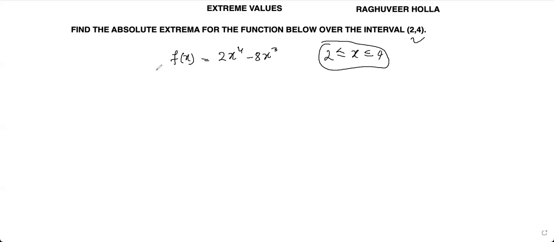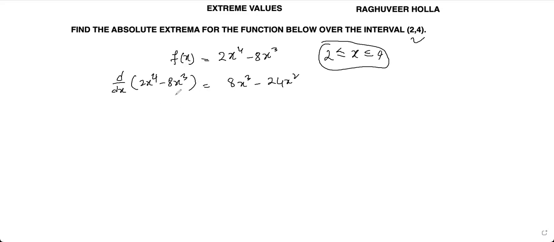So let us take the first derivative, d by dx of 2x power 4 minus 8x cubed, which is 8x cubed minus 24x square.